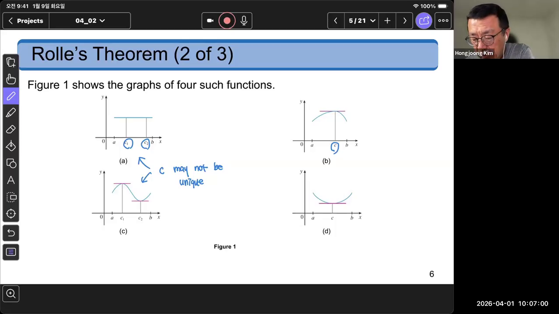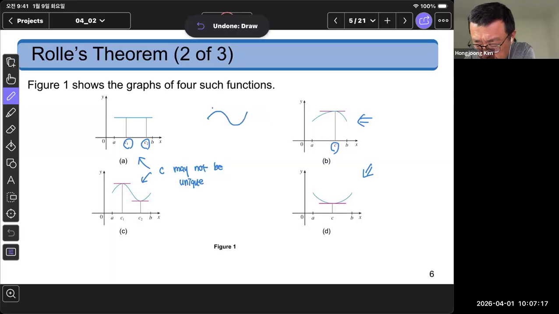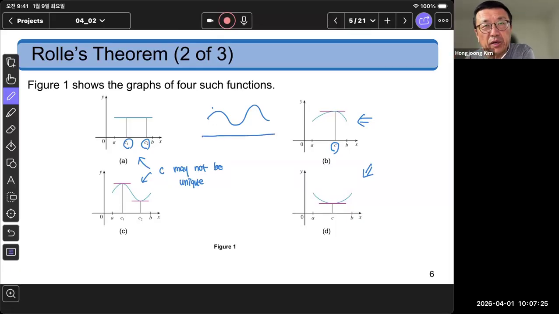But anyway, the situation is this: if you have any function like this, as long as it is continuous and differentiable on a certain interval. And of course, when I say continuity, I'm including the endpoints. And when I say differentiability, I'm considering all the points except these two endpoints.